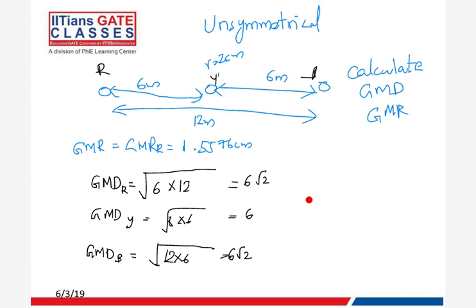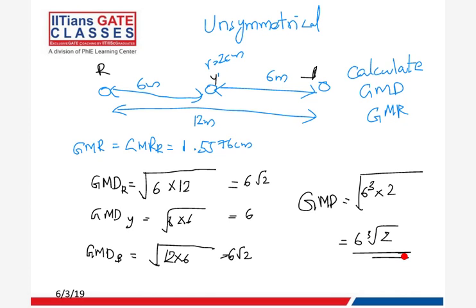So the effective GMD of the system will be cube root of 6 cube into 2, into cube root of 2. Is that clear?